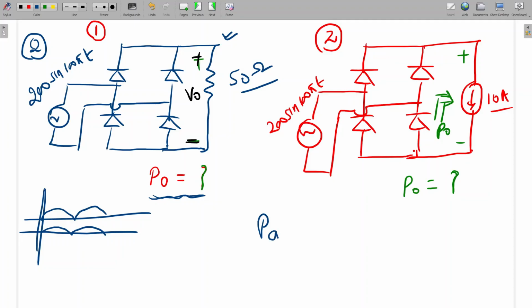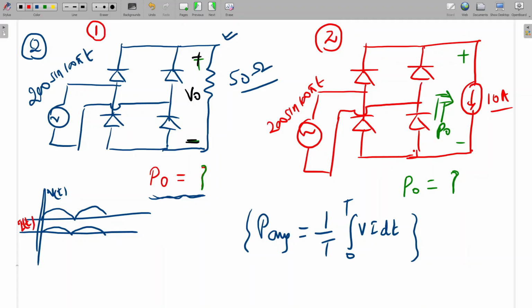Average power formula: P average should be equal to 1 by T, integral 0 to T, v i dt. This is the average power formula. We know v of t, and this is i of t. So this is Vm sin omega t, and this is Im sin omega t.